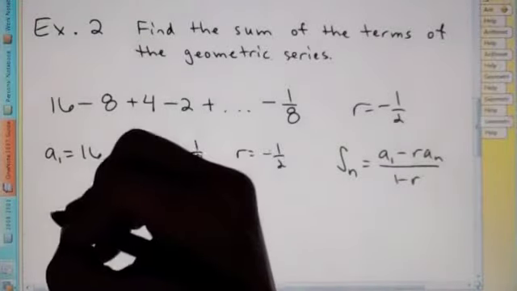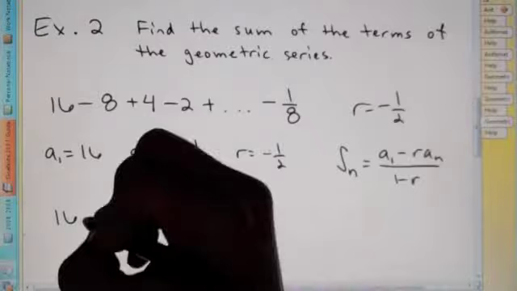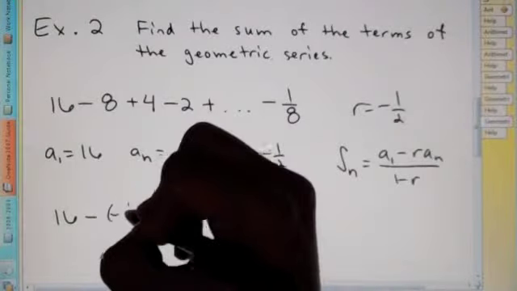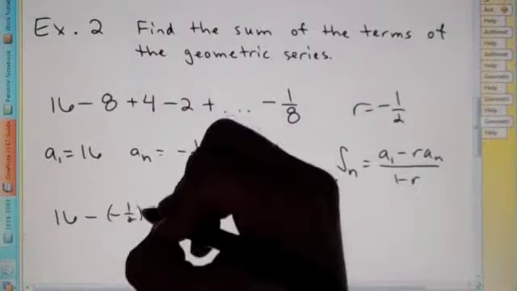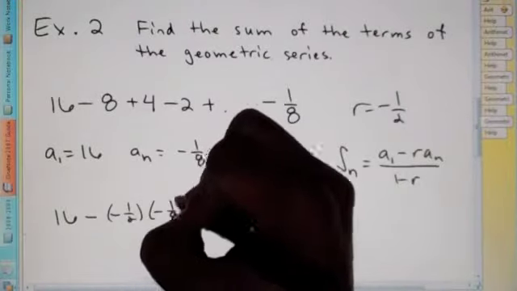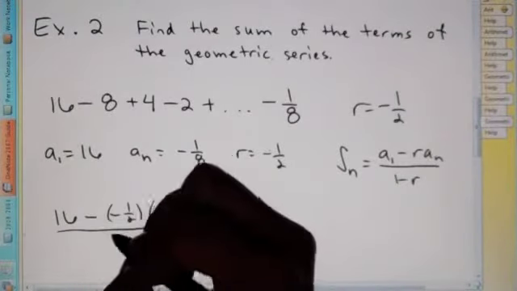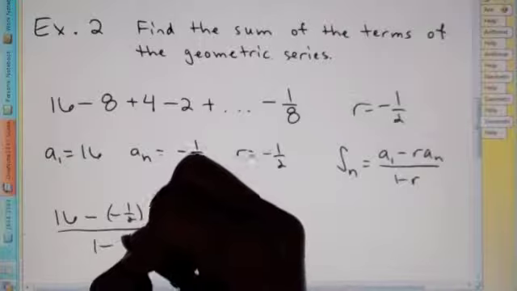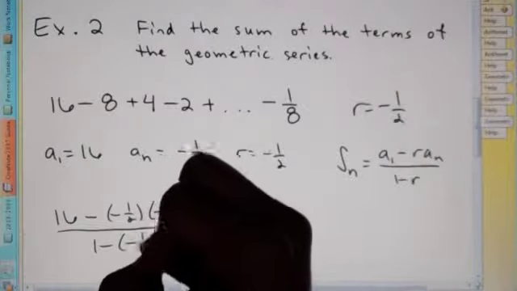So let's plug in. We have 16 minus our ratio, which is negative 1/2, times our last term, which is negative 1/8, over 1 minus a negative 1/2.